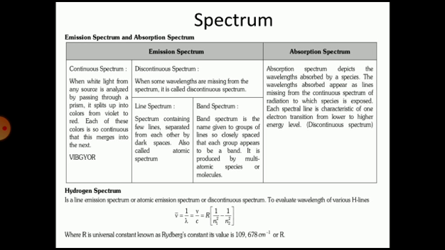When light passes through the cold gas, it will absorb some light, and when it is passed through the prism it shows a few lines missing from the continuous spectrum. Means what? Some of the light is absorbed by the gas, and those lines are missing in the spectrum, and that is called an absorption spectrum. We will clear this through the diagram.